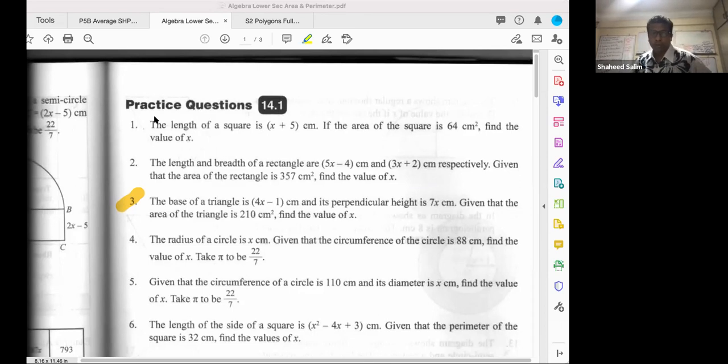Okay, 1 minute more for question number 3. Akila, have you started doing polygons? Shafi, you finished polygons already, right? Inshi, finished polygons, right?